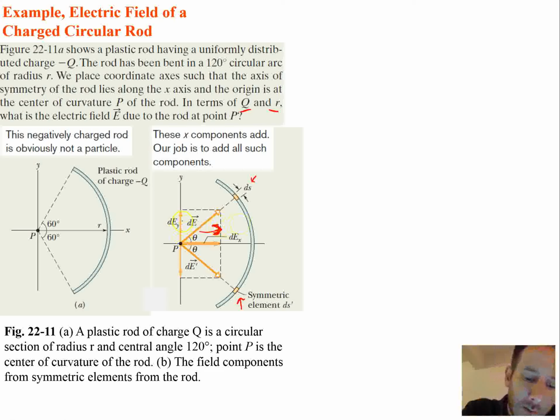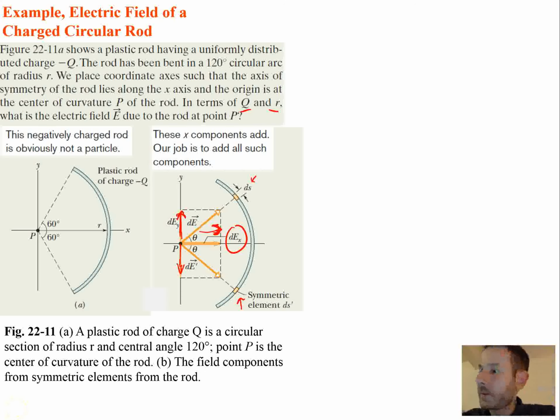And if you just looked at the y components, here and here, they're going to subtract. Okay. So since this is symmetric, you know that all the y components are going to cancel. So you could pick any two ds's on the rod, as long as they're symmetric to each other, and they're going to cancel out. So again, all we really need to worry about is E in the x direction.